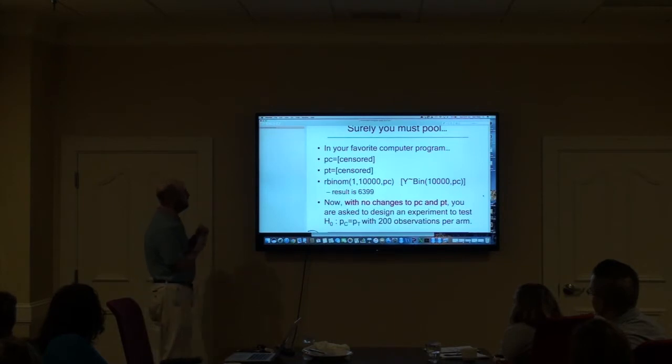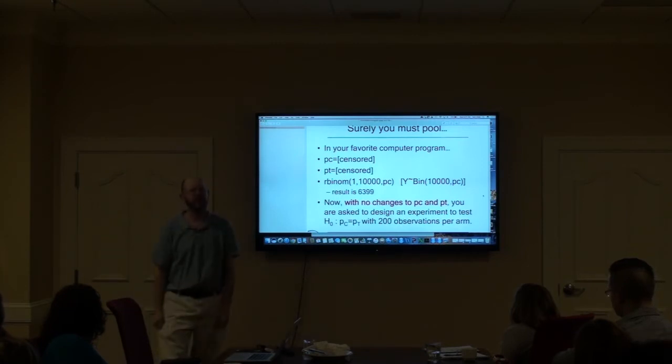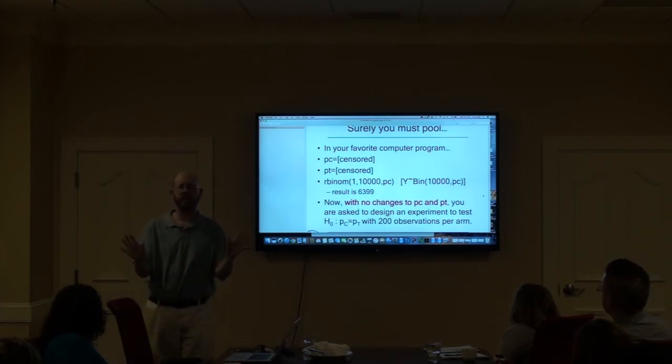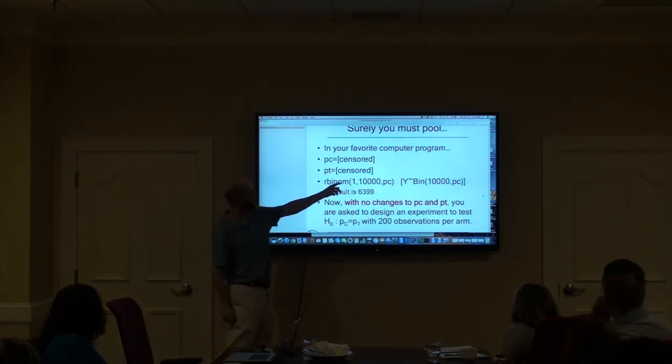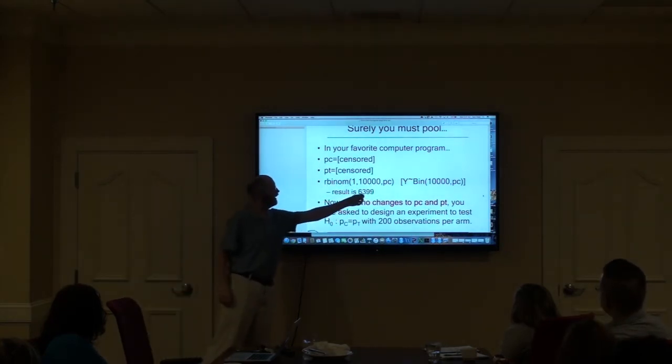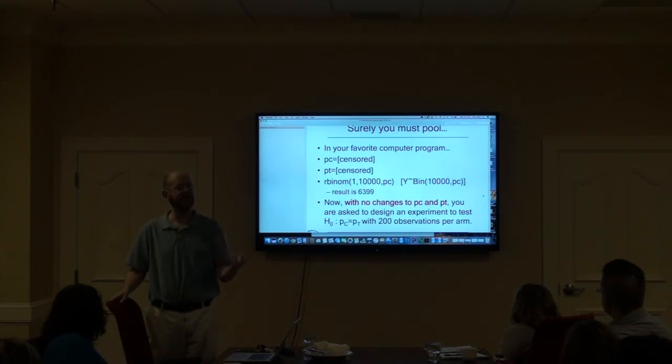Suppose I did this. I sit in R, I open it up, and I type in PC and PT, the rates. I don't show you what they are. Then I generate binomials from PC, and I get 6,399 out of 10,000, just a random draw. Now I tell you, design a study.